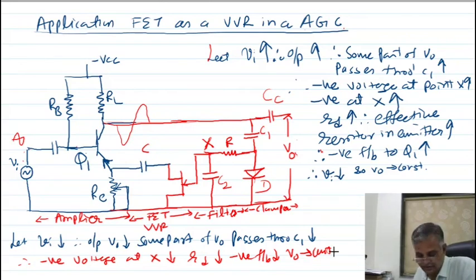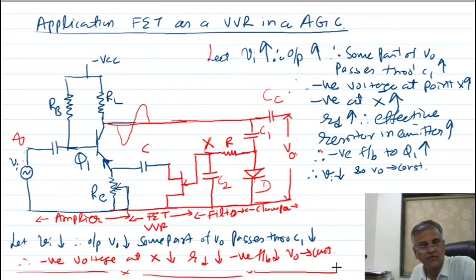In this way, this automatic gain control circuit works. Again, suppose this decreases. Some part passing through this decreases. As a result, after clamping and filtering, the negative voltage at X decreases. So its resistance decreases, and the effective emitter resistance decreases. As effective emitter resistance decreases, the negative feedback decreases.